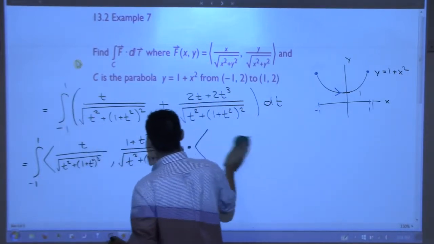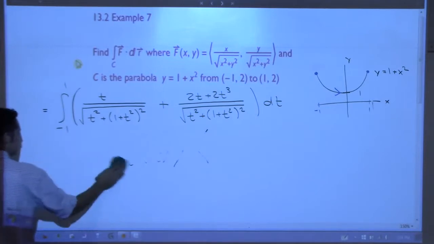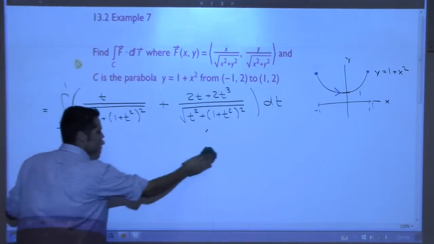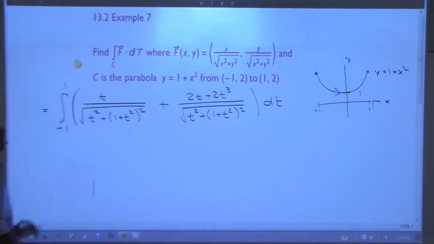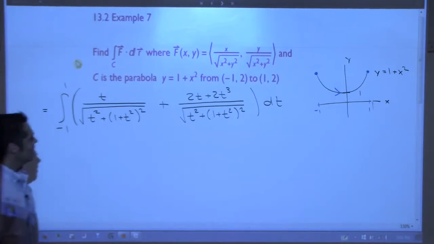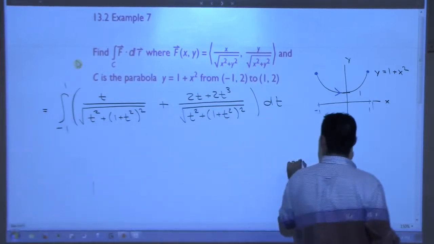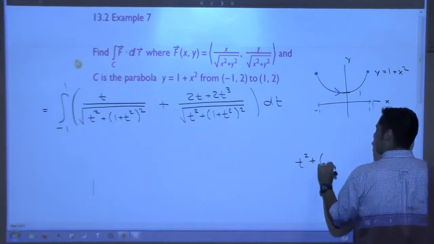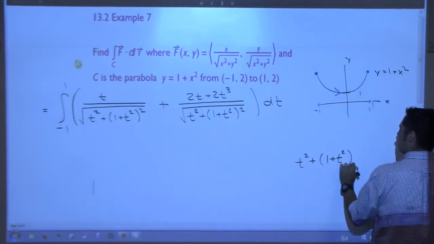How are you feeling about that integral? That seems a little ugly. Do we have anything going for us here? Can't you combine them? You can put them together. I agree with that. All right, let me see what that denominator is. What is t squared times 1 plus t squared squared?